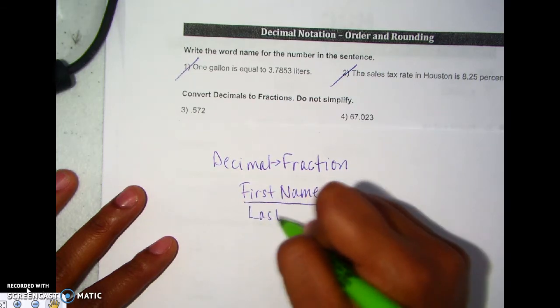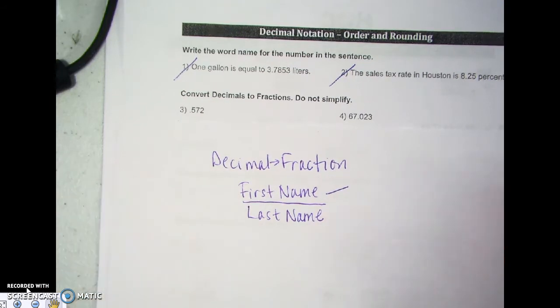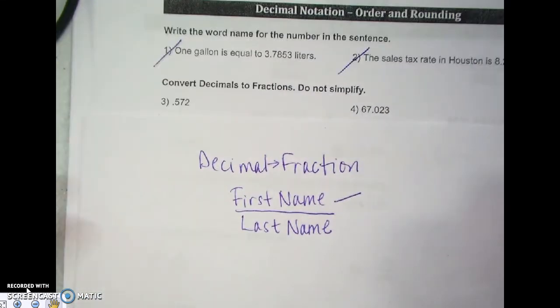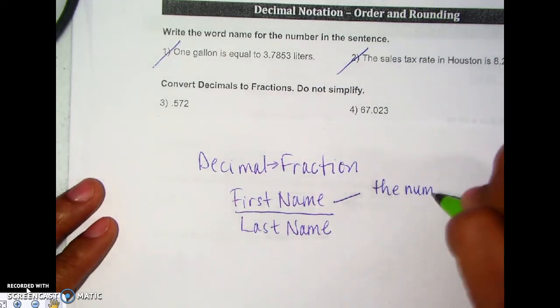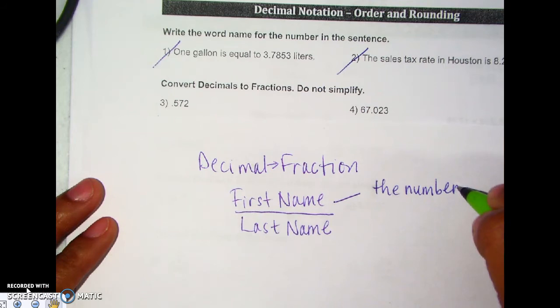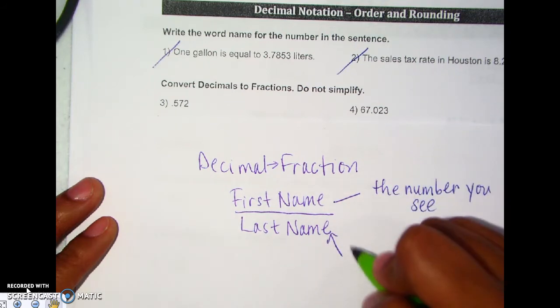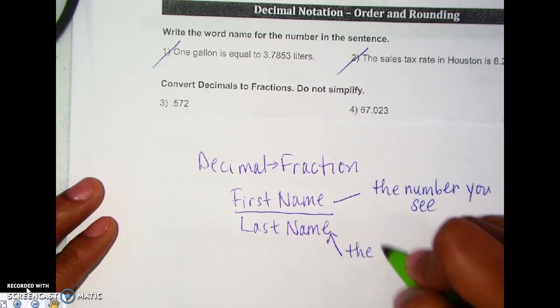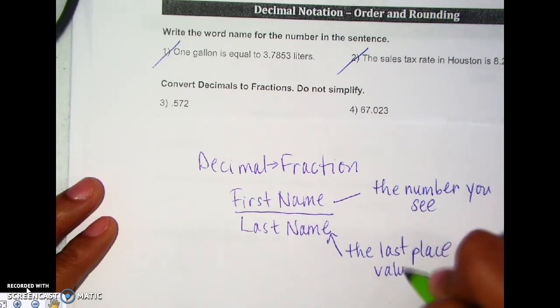So the way that works, we'll look at an example. The first name is the number you see that just pops out at you, without the decimal, without the 0. So the number you see. And the last name is the last place value in the number.